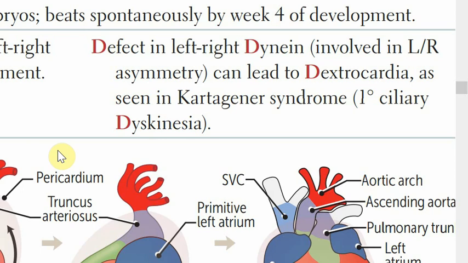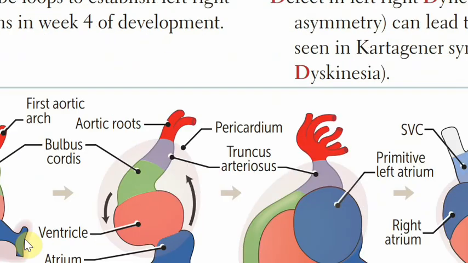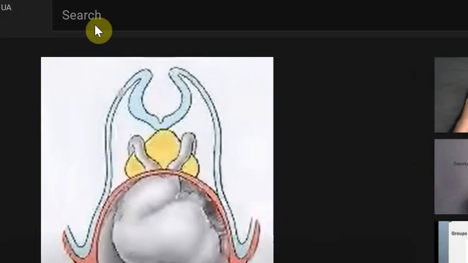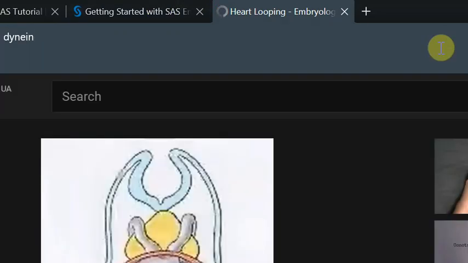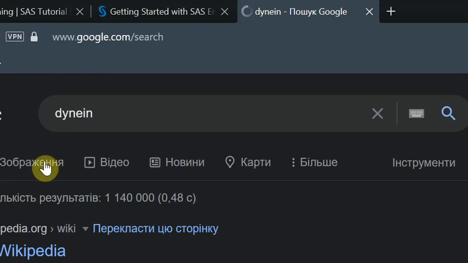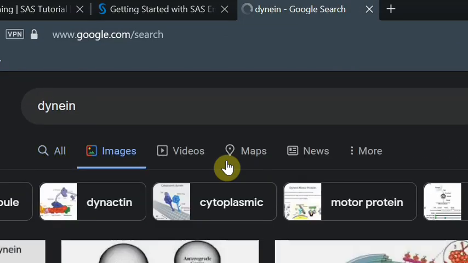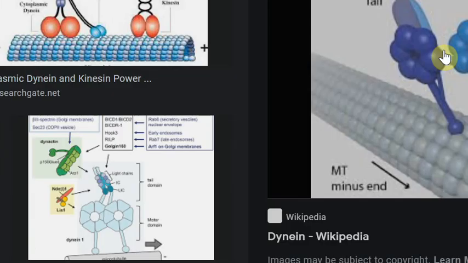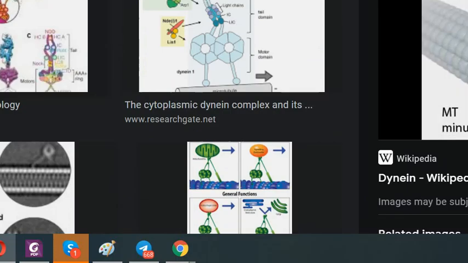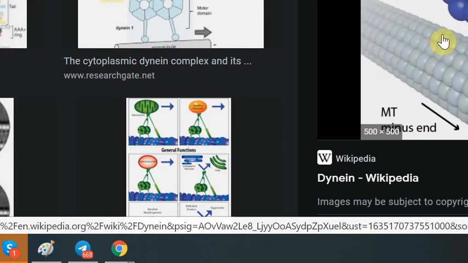It's an enzyme actually, and it's one of these motor proteins. So there are some proteins we call motor dynein. Dynein protein is one of these motor proteins that help move structures from point A to point B. So you can see them here. They actually walk. And these proteins help you move the chambers of your heart to the correct place.